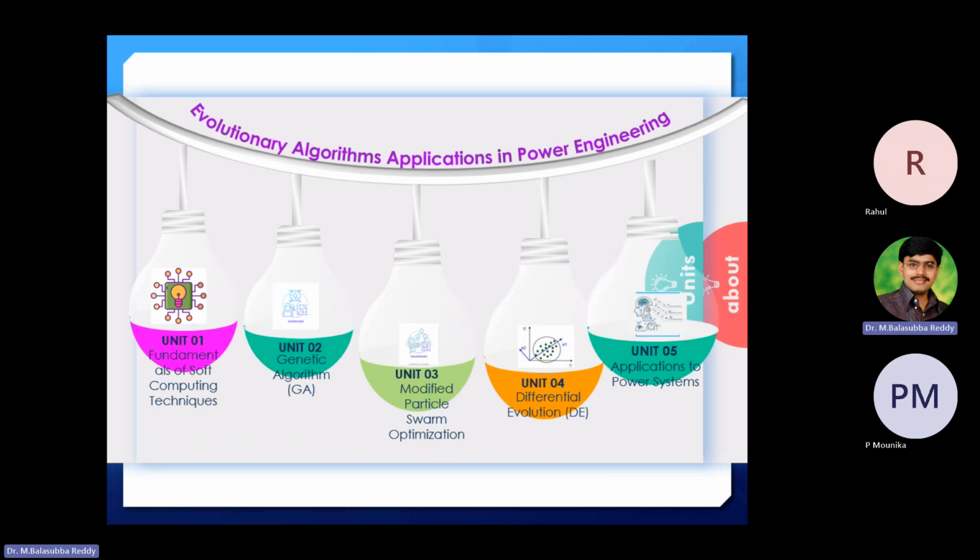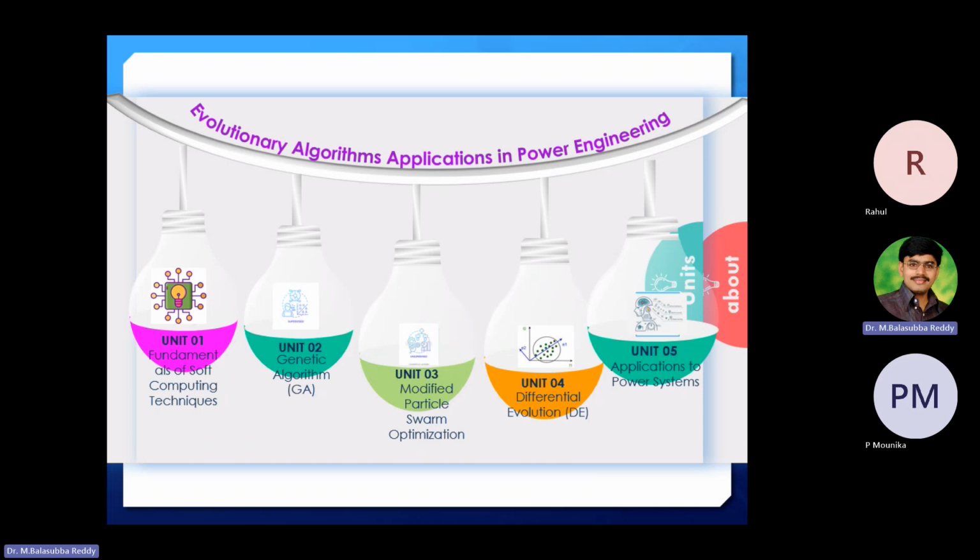So one unit is fundamentals, or computation techniques. The second to fourth units, these three units, are going to discuss three algorithms: one is GA, another is PSO, and the third is DE.